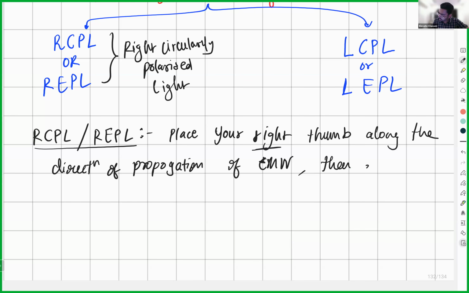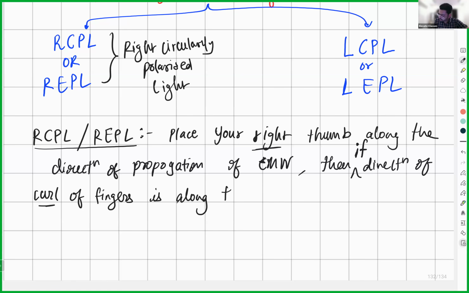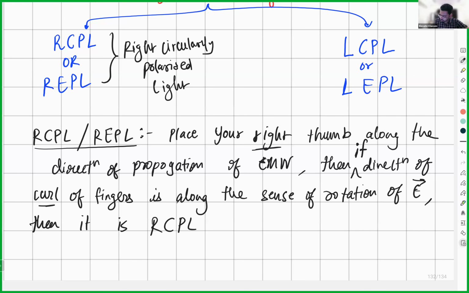Then, if the direction of curl of fingers is along the sense of rotation of the electric field vector, then it is right circularly polarized light or right elliptically polarized light.